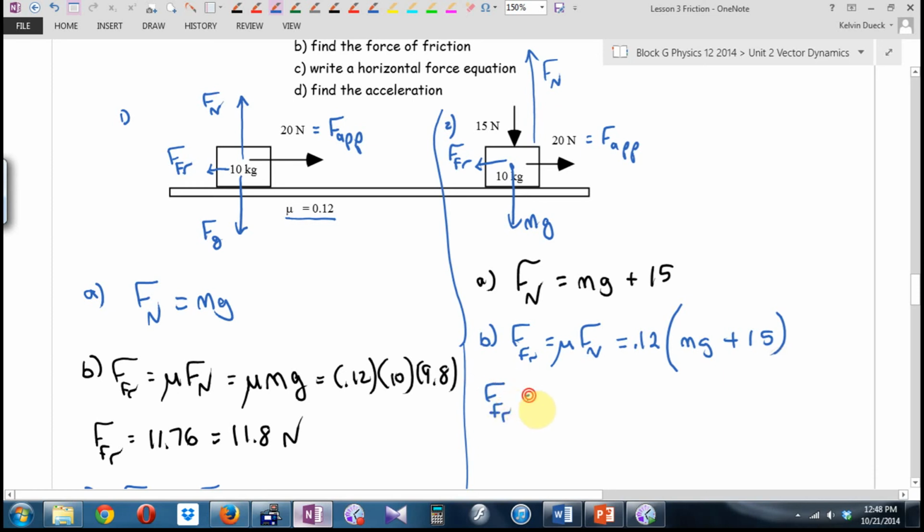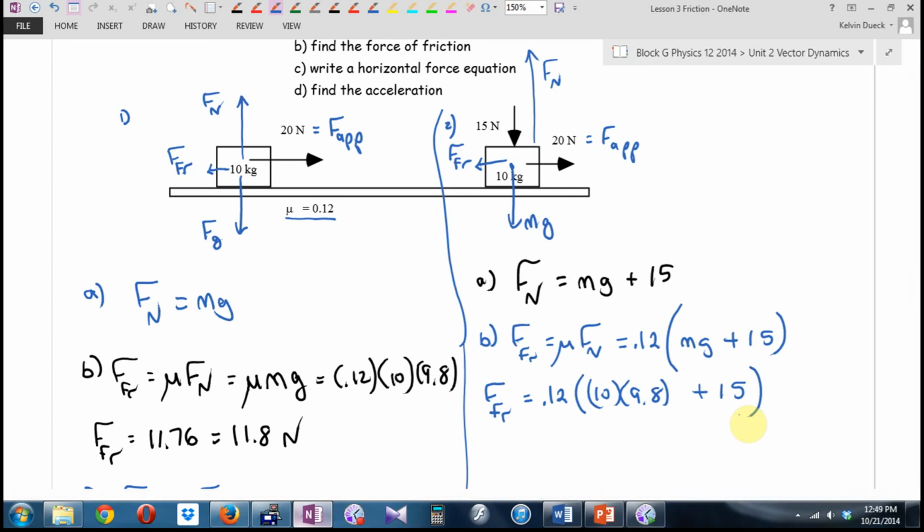Friction is going to be 0.12 times 10 times 9.8 plus 15. Do that one in your head, Dueck. Oh, maybe. 10 times 9.8 is 98, plus 15 is 113. 0.12 times 113, ooh, this one's going to be yucky.